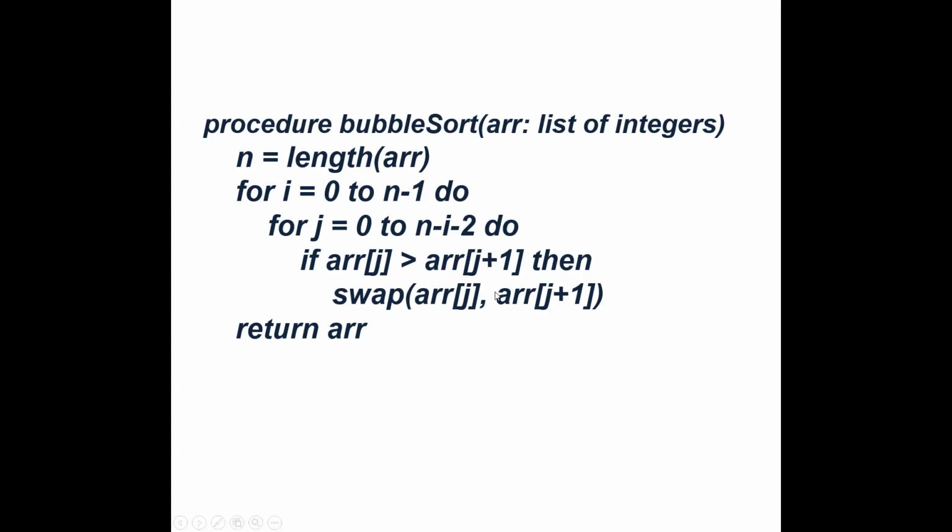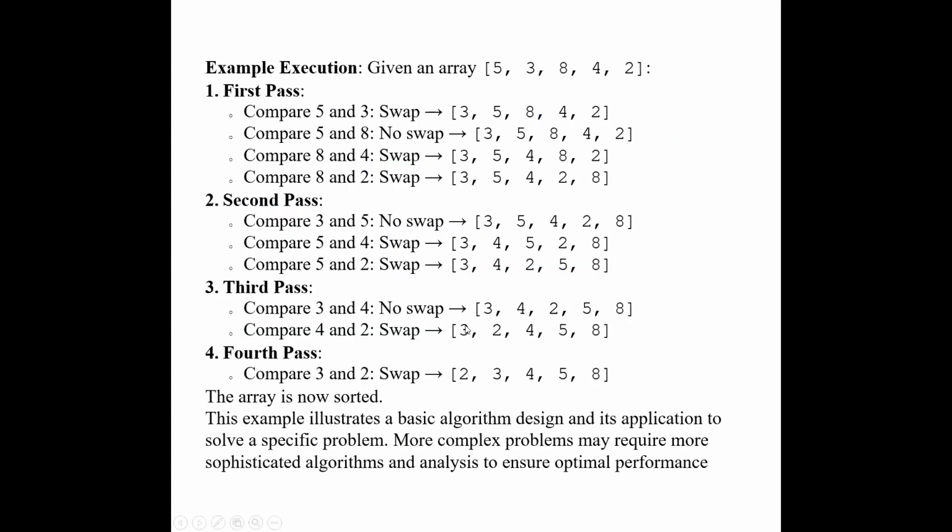Once all the array elements are sorted, then we return the array. Say for example, here we are taking an unsorted array of 5, 3, 8, 4, 2. In the first pass, we will compare the first number 5 with the second number 3. Here i equal to 0, j equal to 1. The first number and second number are compared.